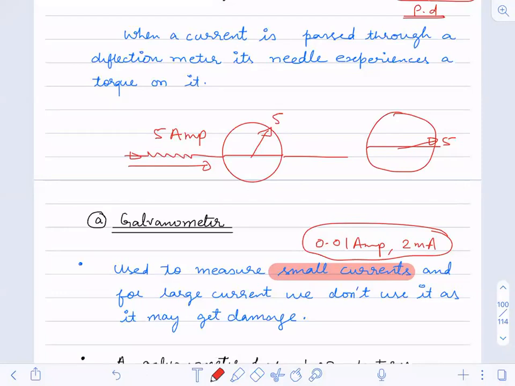In this meter, it is deflected full only, no? So the earlier case is not a full deflection. This I can say is a full deflection. Okay. Fine.